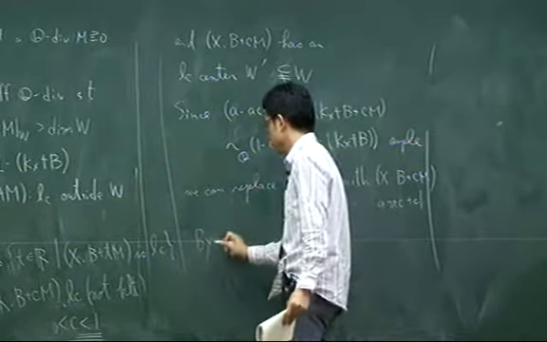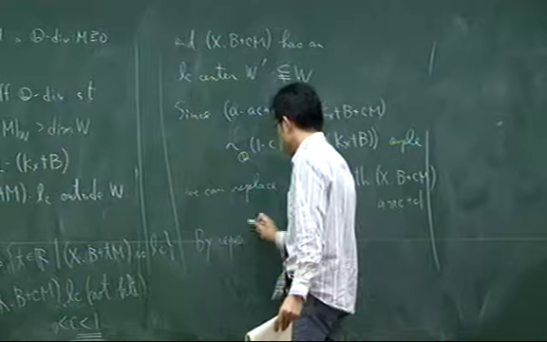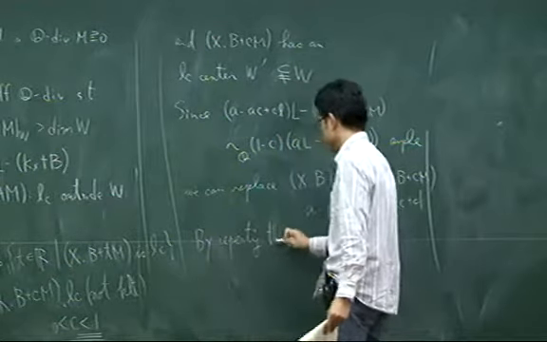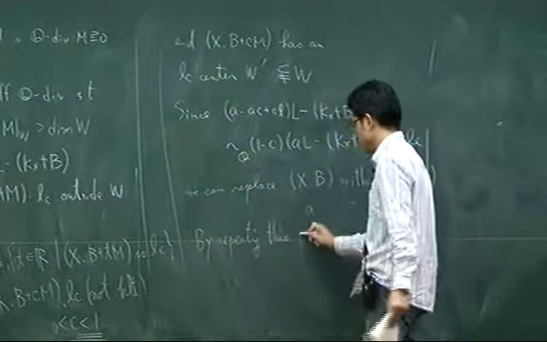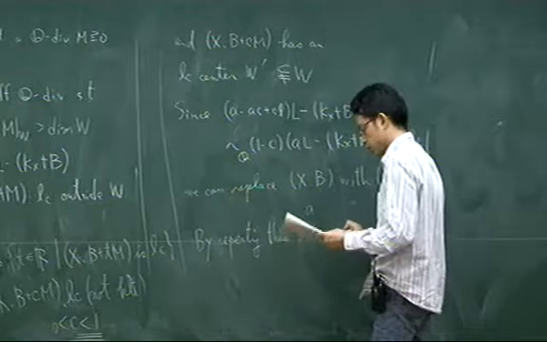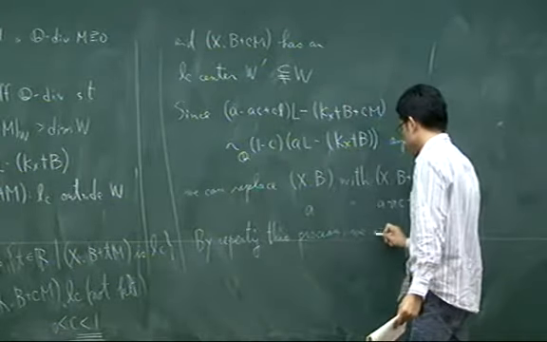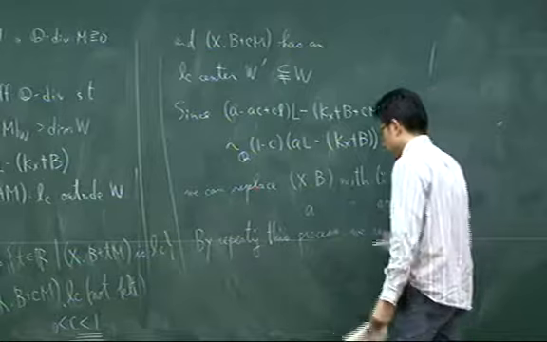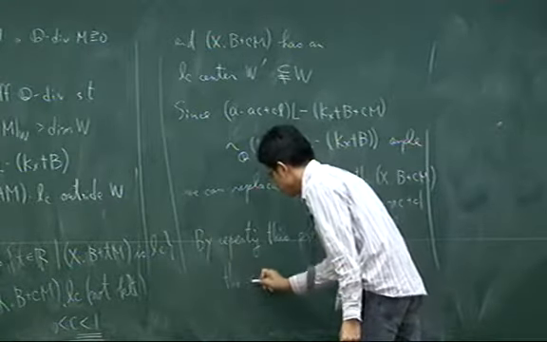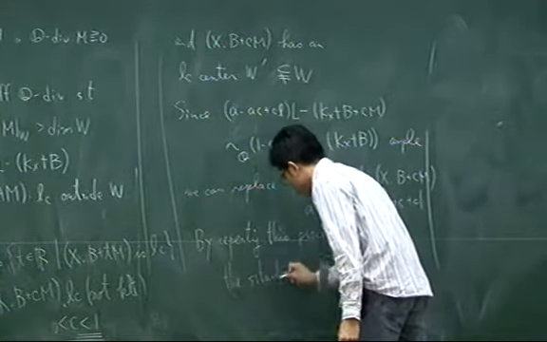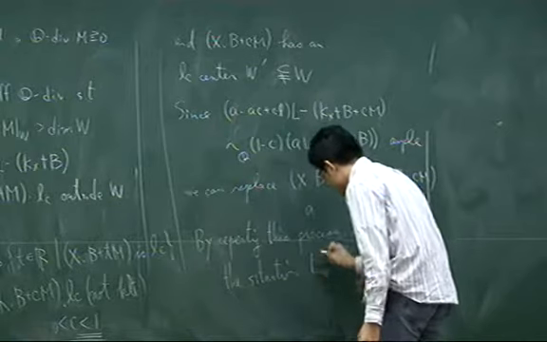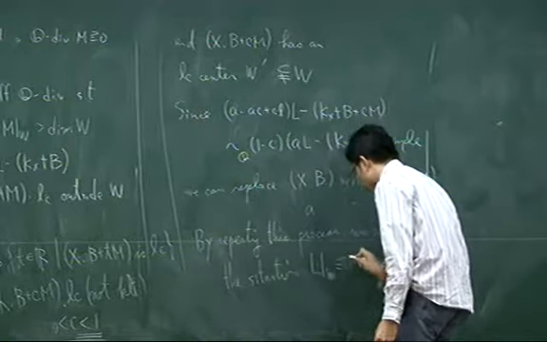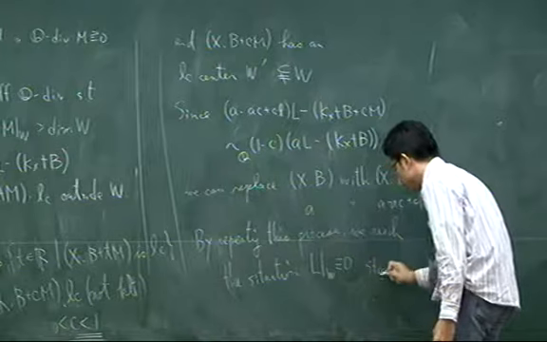By repeating this process, we reach a situation where L restricted to W is numerically trivial. This is step 1.